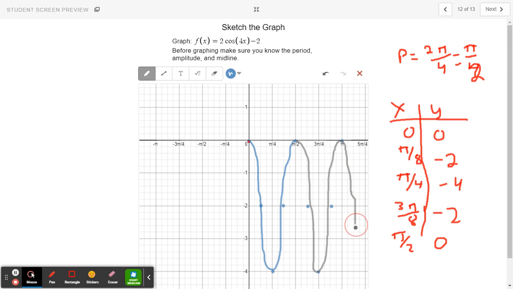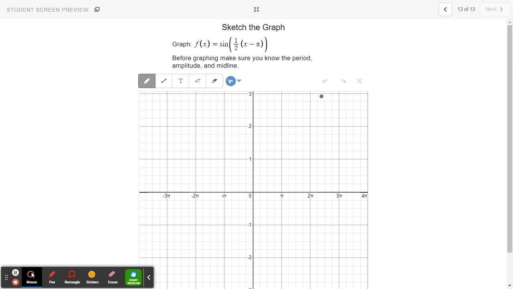And you could come back this way as well. And so that's going to be our graph. You can graph as many cycles as you want. I'm going to stop right there.